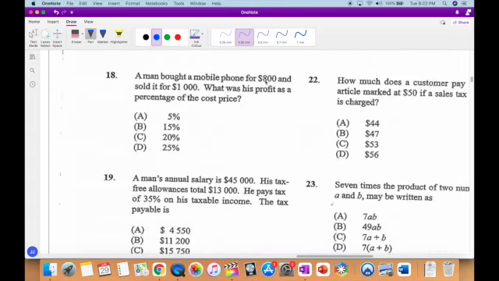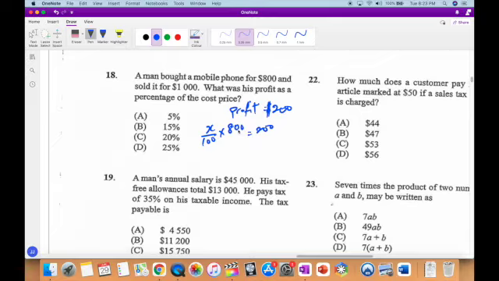A man bought a mobile phone for $800 and sold it for $1,000. What was his profit as a percentage of the cost price? Well, his profit was $200, and 200 is what percent of 800?